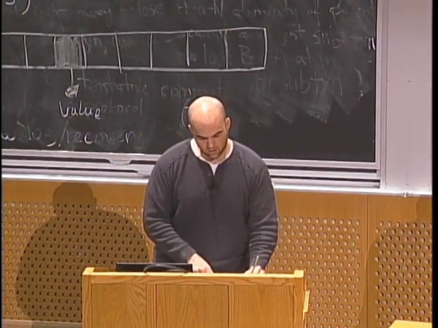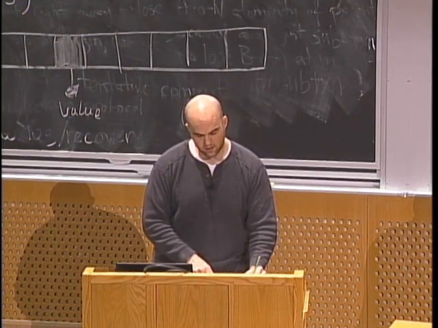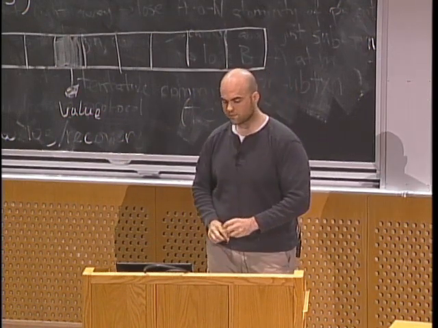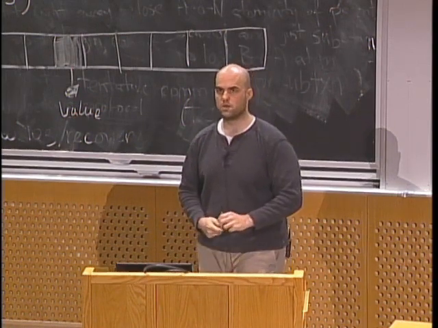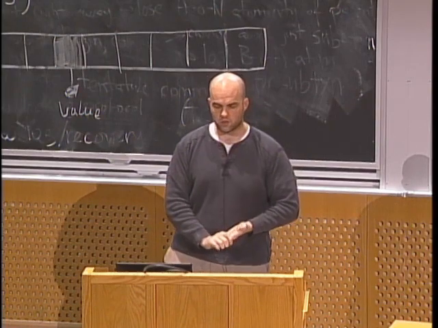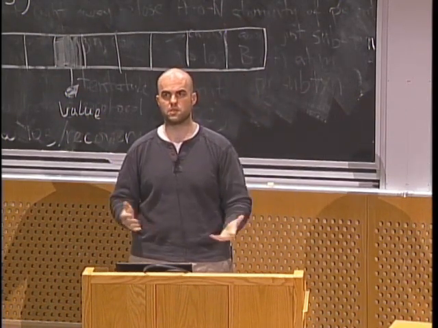So for amortized analysis, the idea behind amortized analysis is that maybe you have a known sequence of operations, and you're trying to find what the worst case runtime for that sequence of operations is.